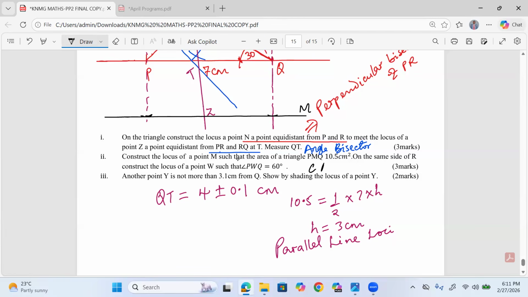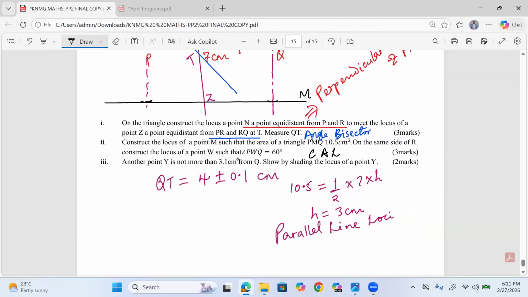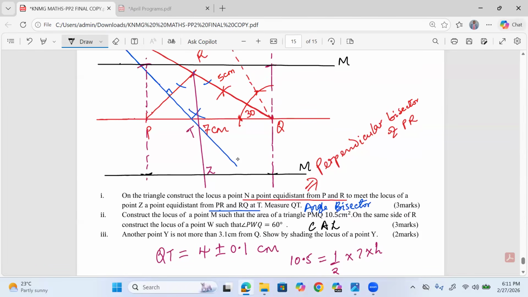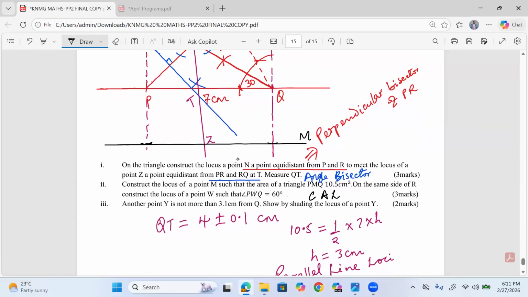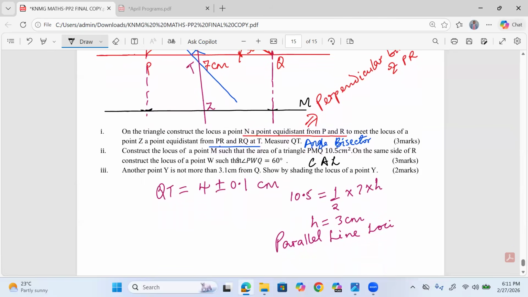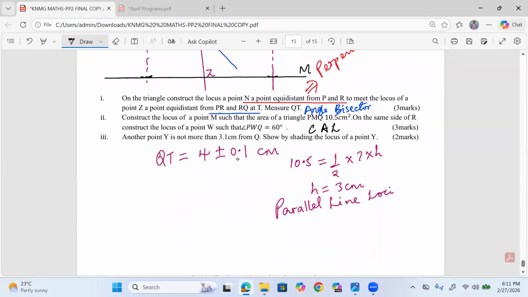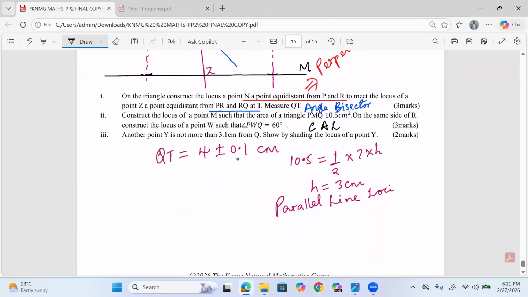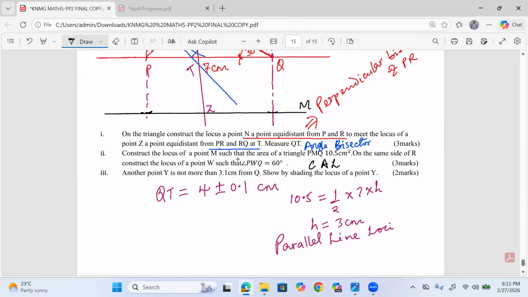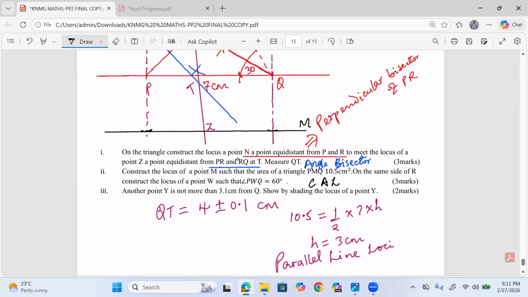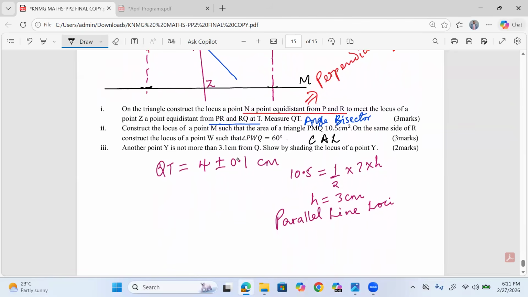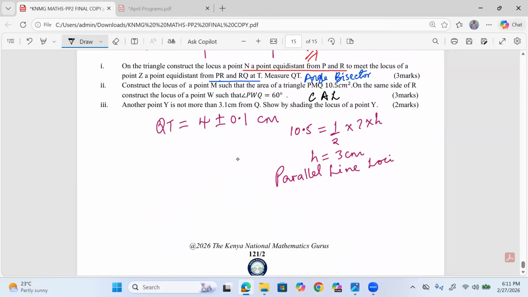The constant angle loci. On the same side of R, construct the locus of a point W such that the angle PWQ equals 60. So with PQ, we need to construct a circle locus of 60 degrees.